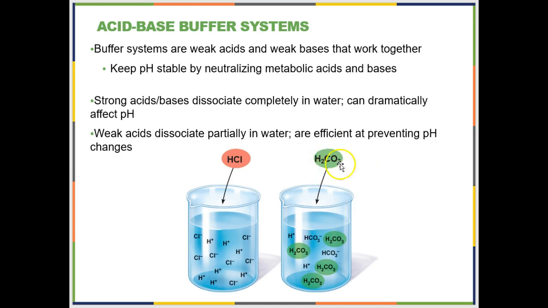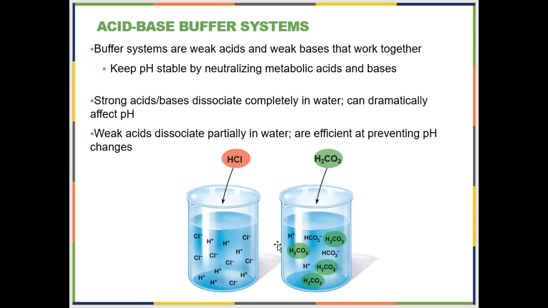When you take a whole bunch of carbonic acid molecules and dump them in water, only some portion of the carbonic acid dissociates and liberates those free hydrogen ions. So you've got a reserve of acid still floating around undissociated in the bloodstream. That is a weak acid.